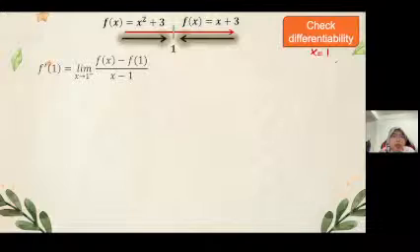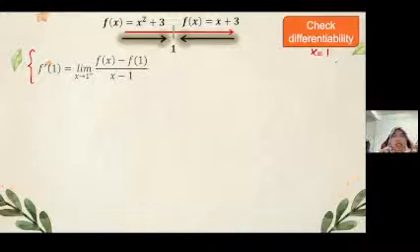So f prime of 1 is the limit for x approaching 1 on the left hand side of (f(x) minus f(1)) over (x minus 1). This formula is for differentiability: f prime of a equals the limit for x approaching a of (f(x) minus f(a)) over (x minus a).